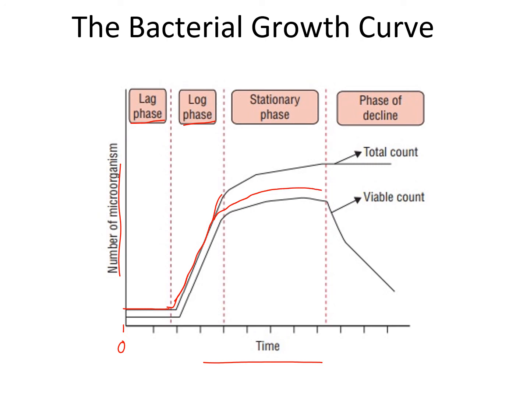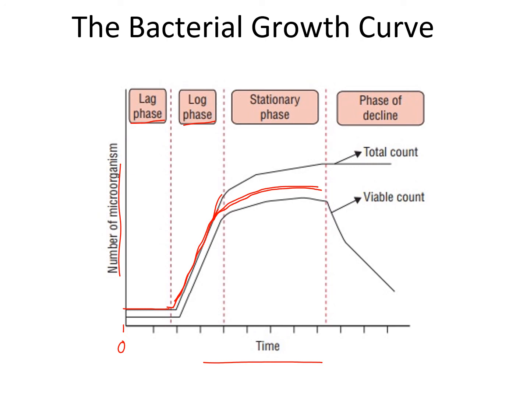And the stationary phase is named this because the bacteria are still dividing, but now you have a significant number that are dying. And the reason this is happening is because as these bacteria during the log phase were metabolizing, they are using up the nutrients, so the amount of nutrients is decreasing during stationary phase, and also waste products are being produced.